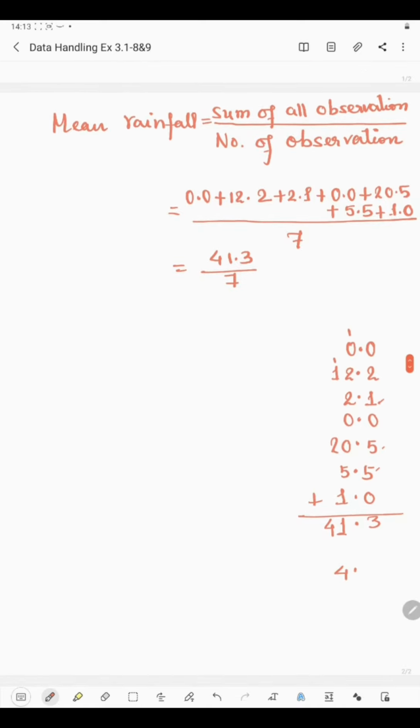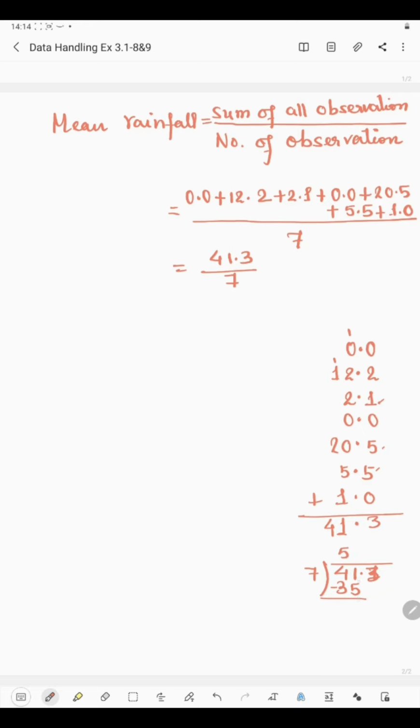Now we need to divide this by 7. See, 4 7s are 28, 7 5s are 35, then 7 6s are 42, which is greater than 41. So we cannot take 6 here. So we will take 5. So 7 5s are 35.